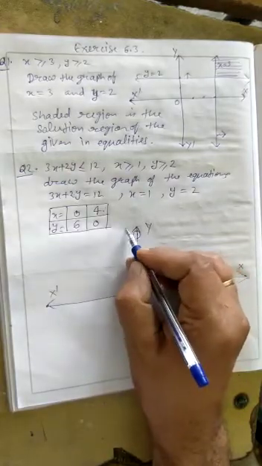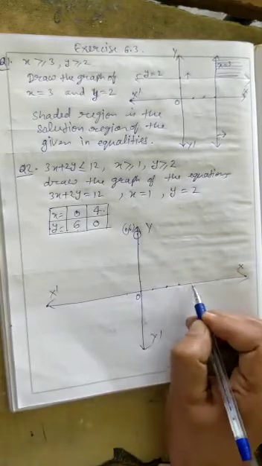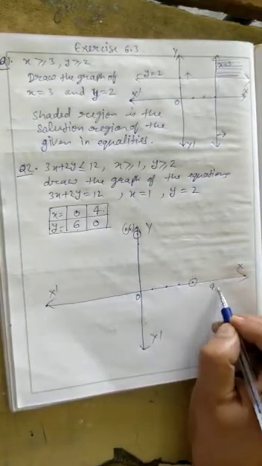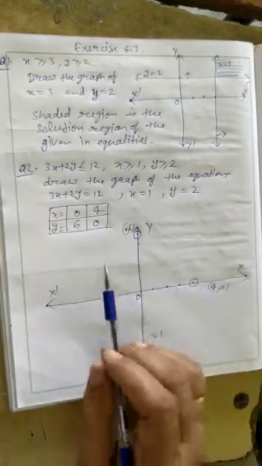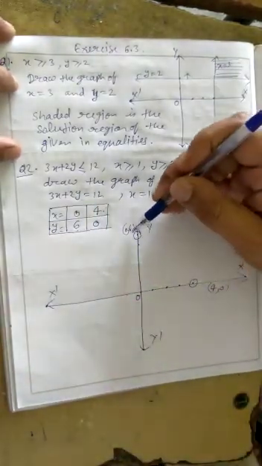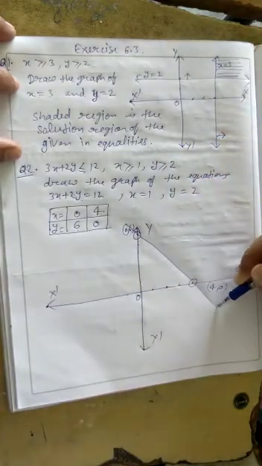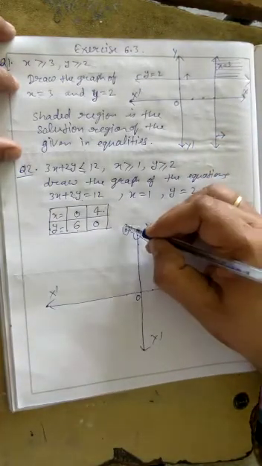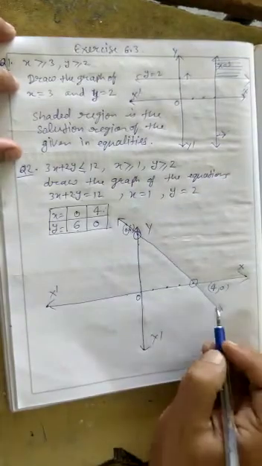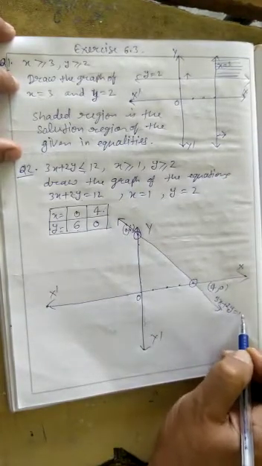This point is 0, 6. 4, 0: 1, 2, 3, 4. This point is representing 4, 0. Since this inequality involves an equal sign, we have to draw a dark line for this. Passing through these points, a dark line can be drawn. And this is the graph of the line 3x plus 2y equal to 12.